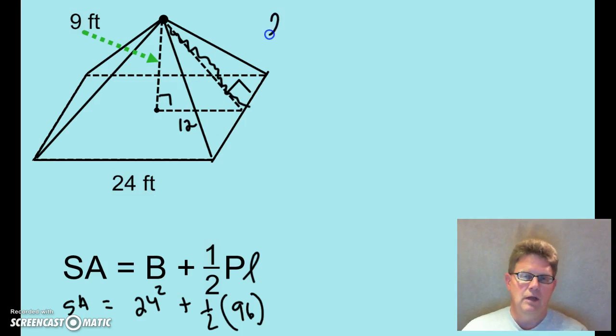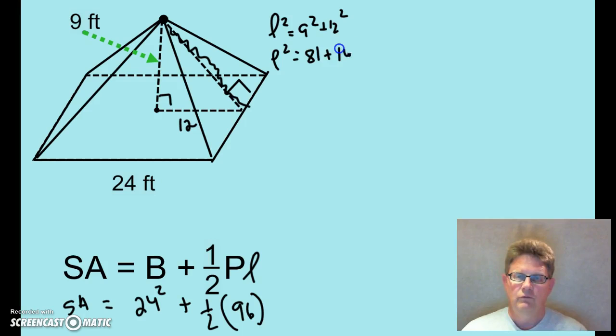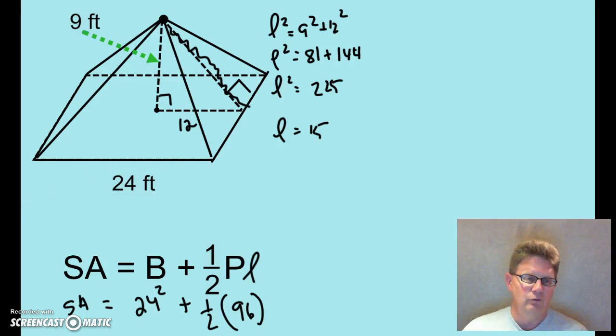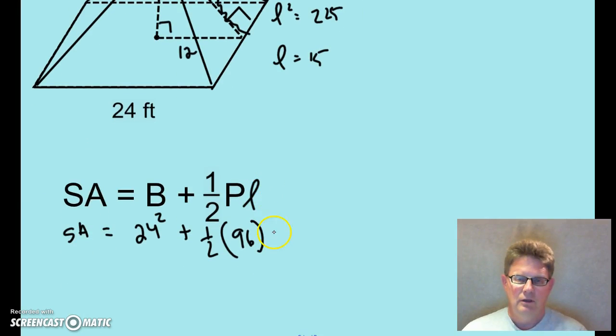So L squared, for the slant height squared, equals 9 squared plus 12 squared. L squared equals 81 plus 144. L squared equals 225. L equals 15. So the slant height of this particular pyramid is 15.